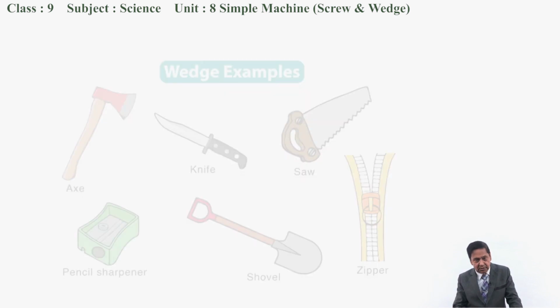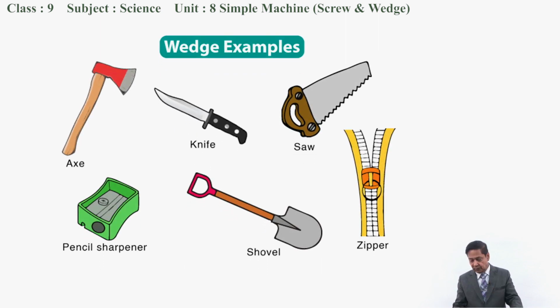Now I want to show some diagrams of these wedges. Look at this, this is an axe, this a knife, this a saw which is used in making furniture, this a pencil sharpener which you use in everyday class, and this is a trowel. Trowel, you may be confused about this trowel.